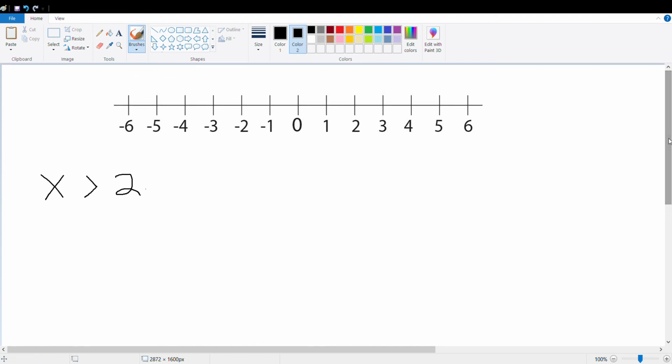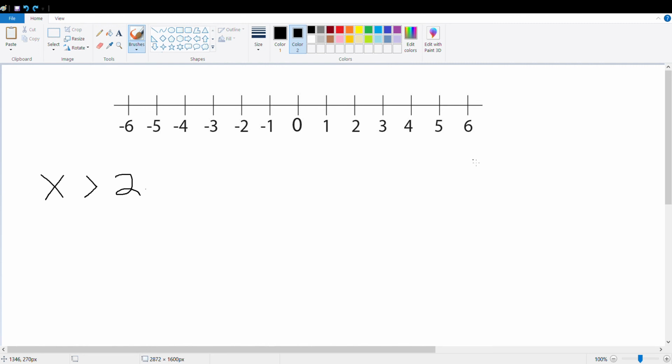Meaning when it says graph and then gives you that equation, it means to graph it or write it on a number line. So on your homework or on your page, you would actually draw a number line similar to this, and you would actually graph these points.